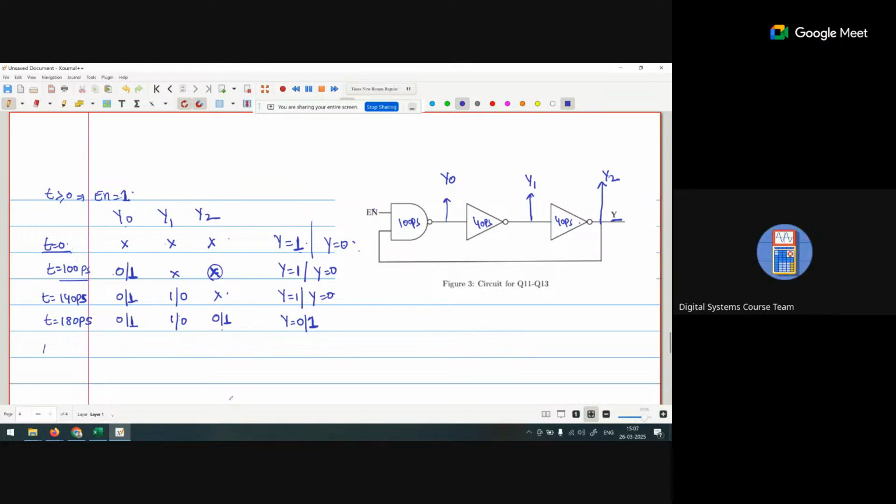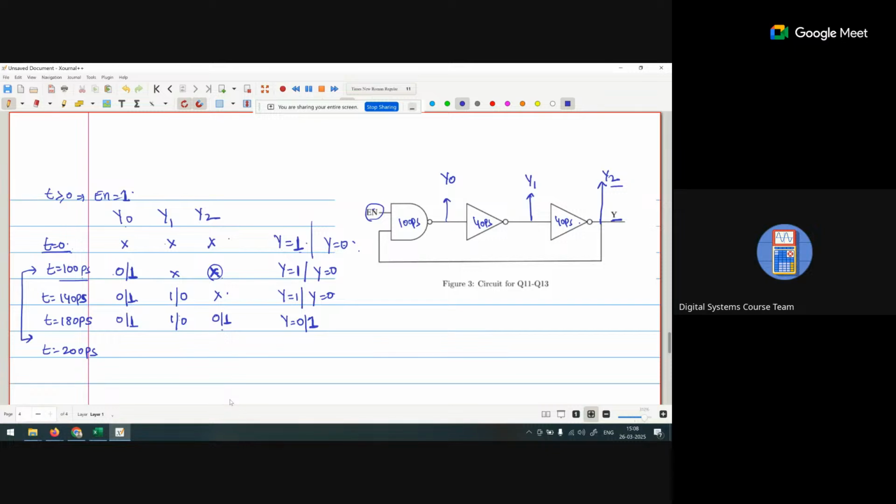So t equal to 200 picosecond. What are we getting at 200 picosecond? We are getting the response with respect to enable and the y2 at t equal to 100 picosecond.